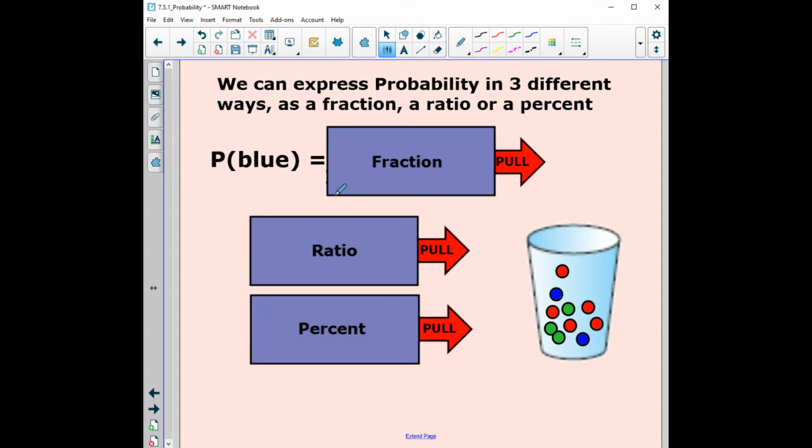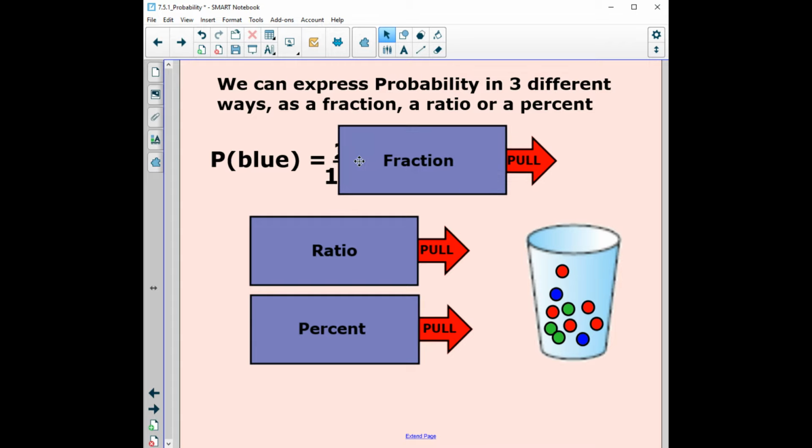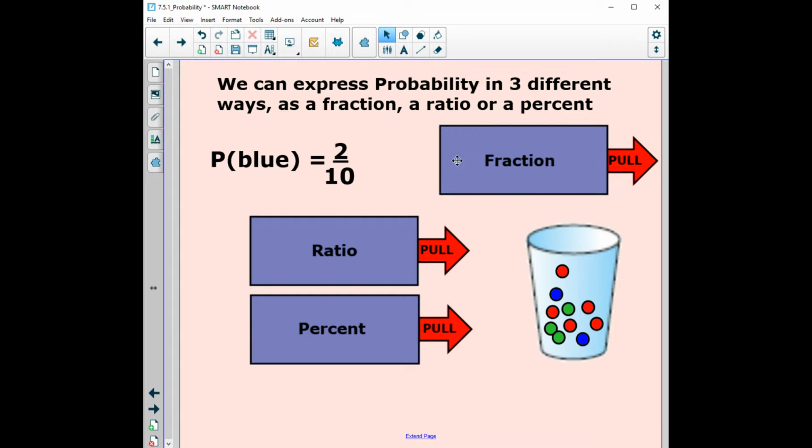All right. We can express probability in 3 different ways: as a fraction, a ratio, or a percent. Using the same question, the probability of getting blue as a fraction is 2 out of 10, which also equals 1/5, because we always like to reduce.